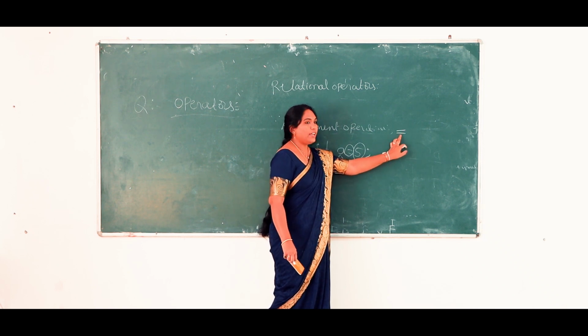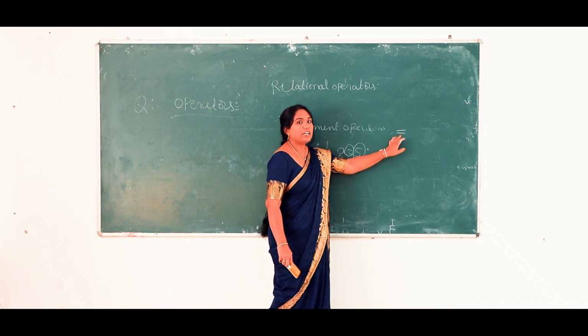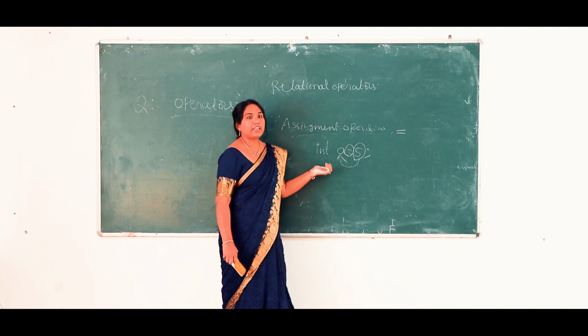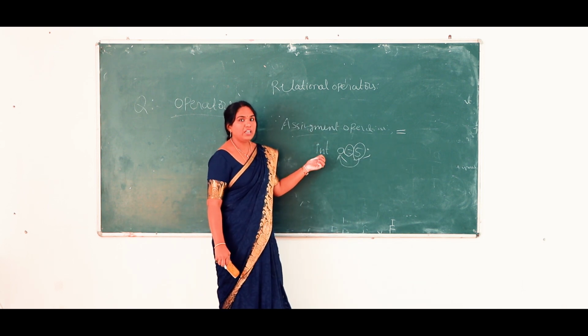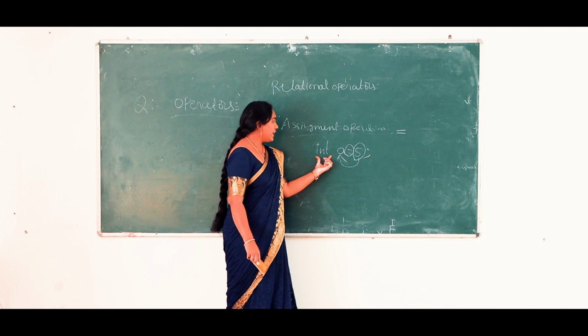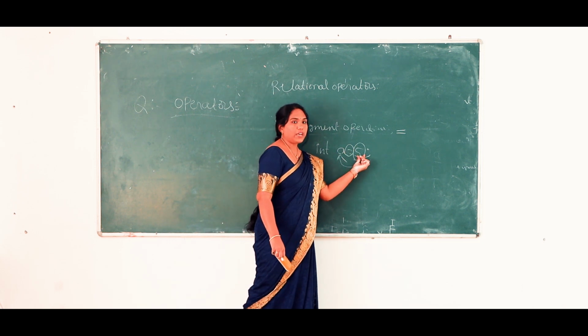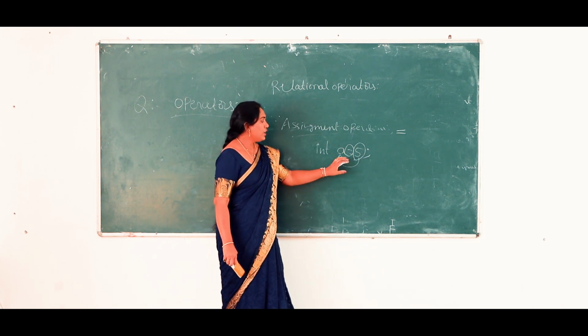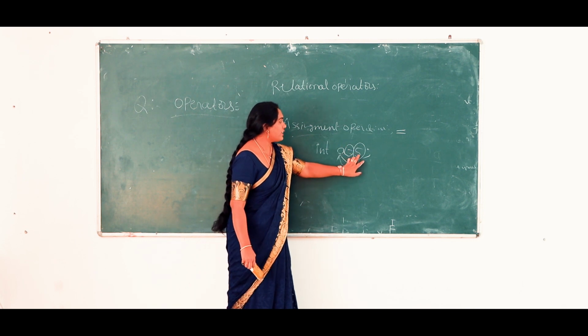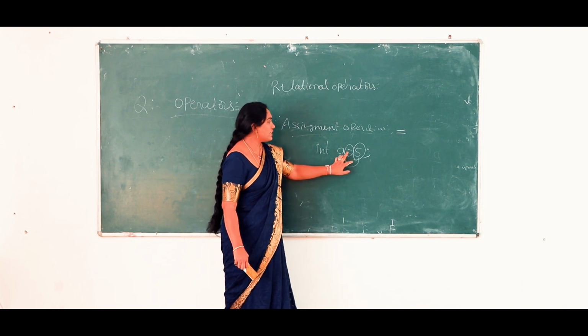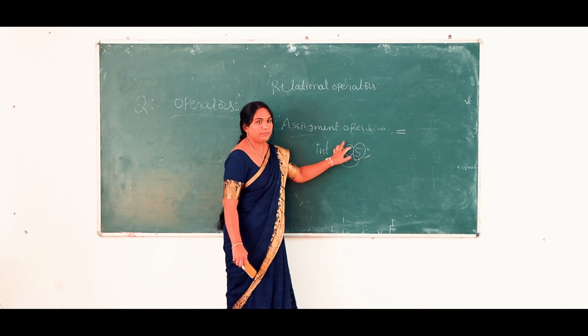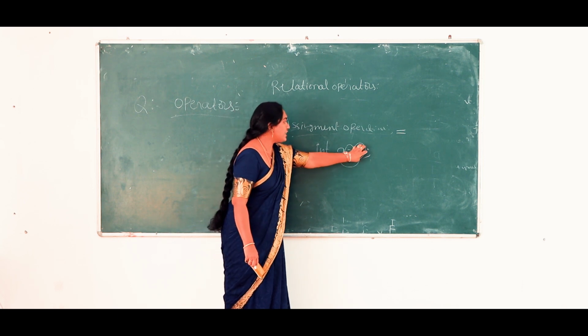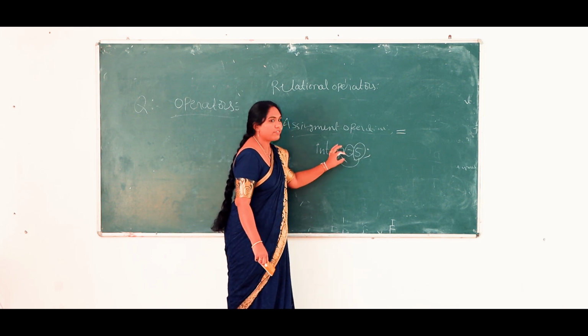The single equal is used to initialize values into variables. For example, int A is equal to 5. Here A is the variable. Into this variable, I am entering the value 5 by using the assignment operator equal. I hope you understood. To assign a value, the right side value goes into the left side.